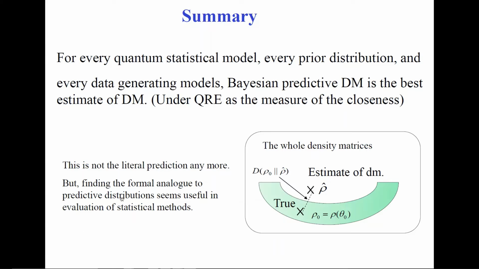But finding the formal analog to predictive distributions seems useful for the evaluation of statistical methods in some situations. This is a very important thing. Thank you for your attention, and this is the end of the talk part 2.